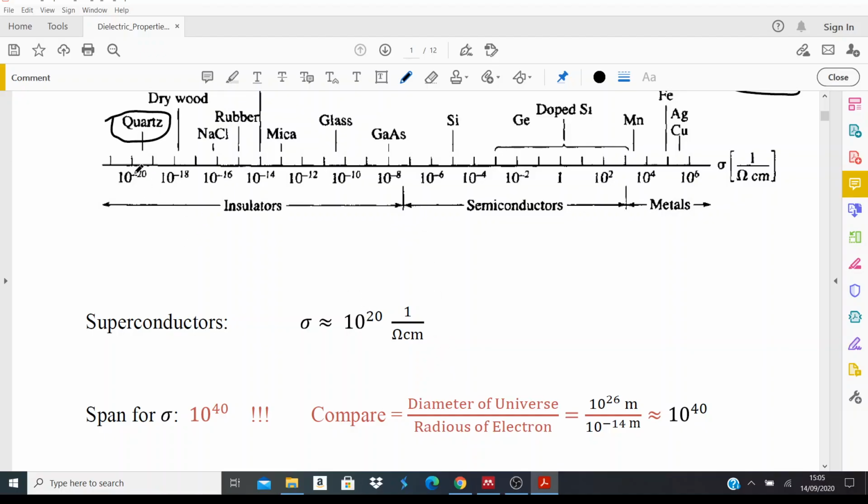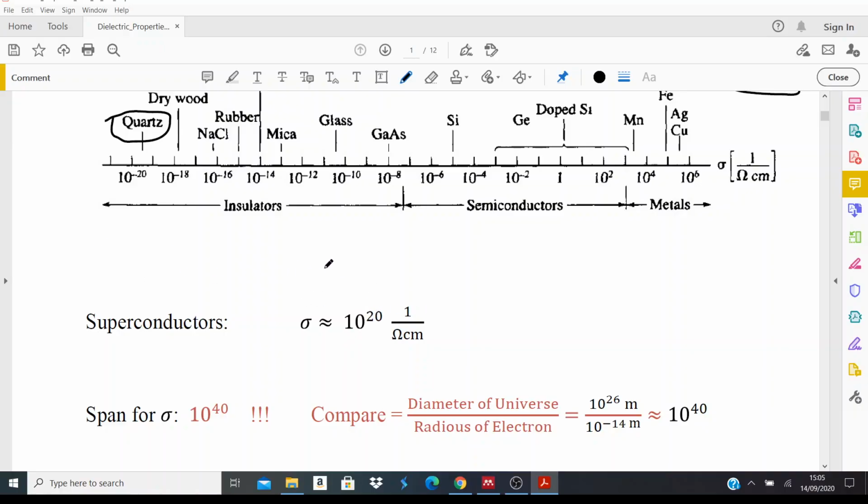That means the conductivity span starts from the very good insulators, where the conductivity is of the order of 10 to the power minus 20, and goes all the way up to the right-hand side, maybe way beyond, where we have some superconducting materials whose conductivity is 10 to the power 20.